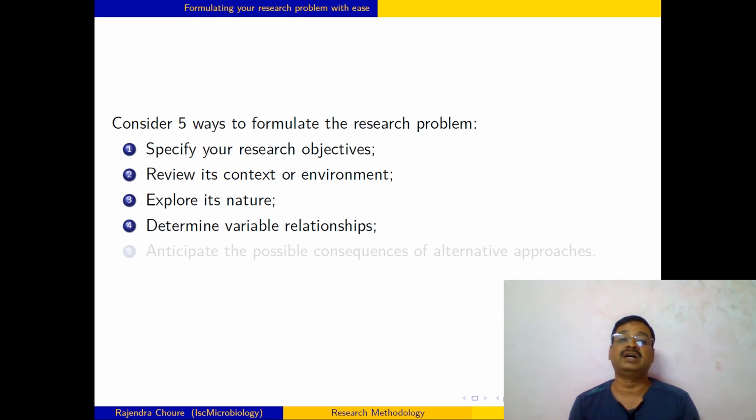Sometimes there may be minute changes in the environment which will affect your mouse population. Sometimes you may not have controlled the temperature. That temperature will come into the picture. Water quality may come into the picture if you don't control that. To avoid such pitfalls, you have to determine relationships between different variables.